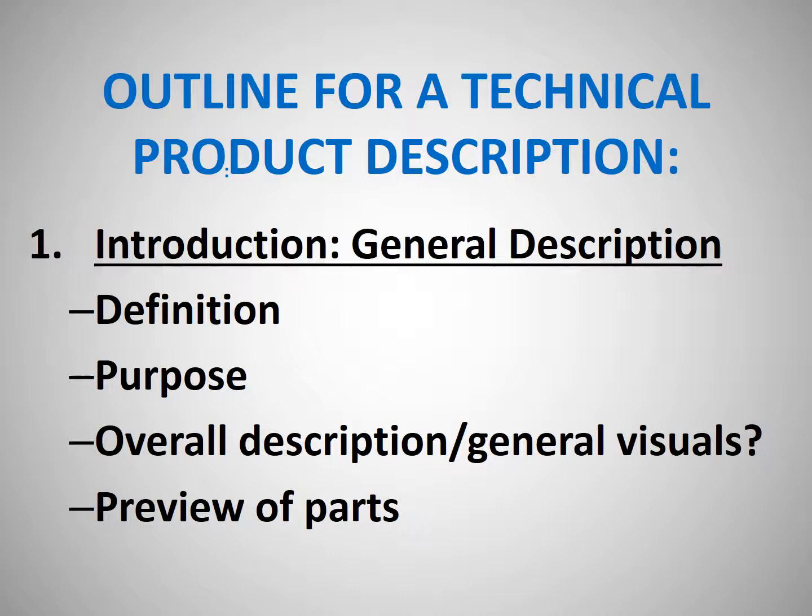Now notice this description is going to once again be written like a well-written essay. So it's going to have an introduction. What do we do in the introduction? After we have that really good, limiting, clear title, remember that one? In your introduction, you will give a general description of the product that you are describing. You will define it. You will discuss its purpose. What is it for? You will do an overall description using general visuals.